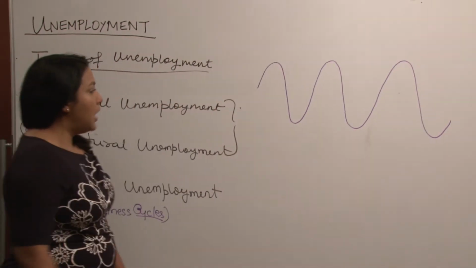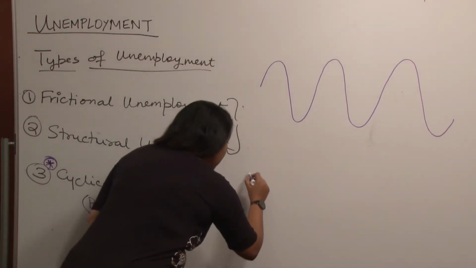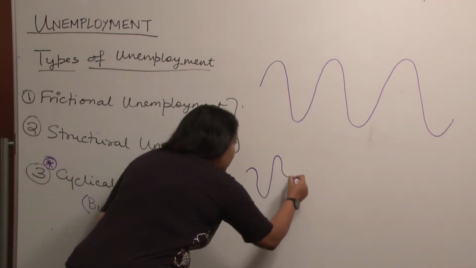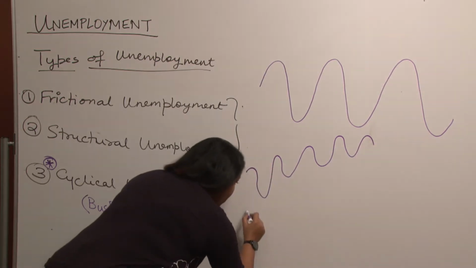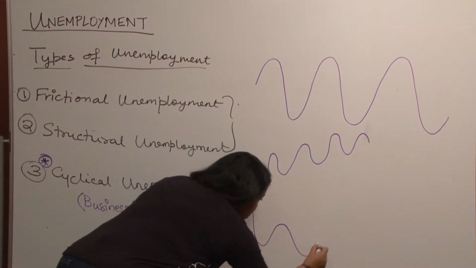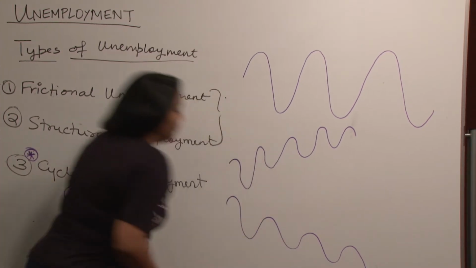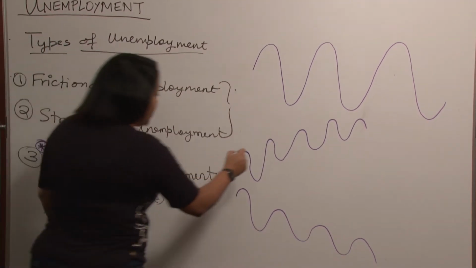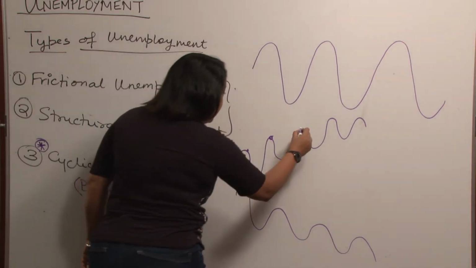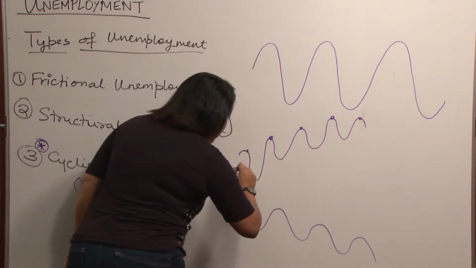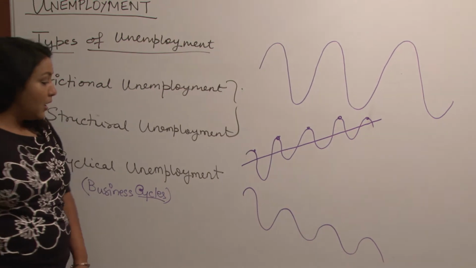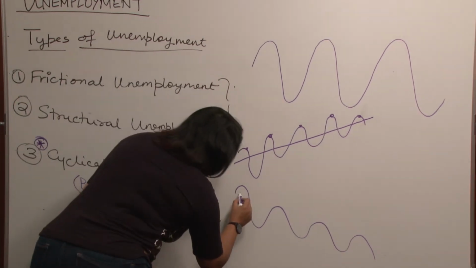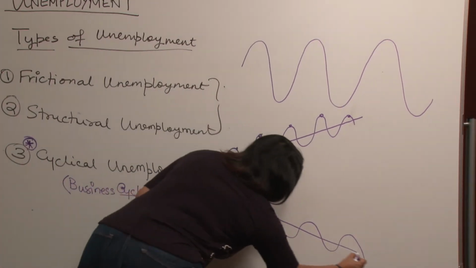Now, it may so happen that the economy is moving like that, or it may also happen that the economy is moving like that, right. What I am saying is that if you draw a trend line, the general trend of the economy over time might be rising, or it might be falling.